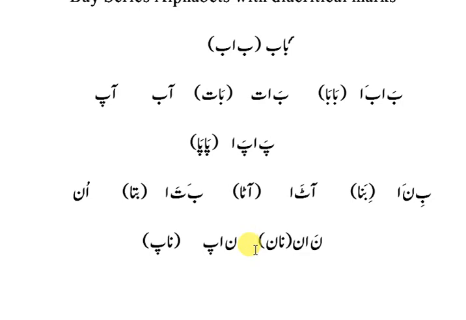When we merge all these, the word becomes nan. Okay, next word, we're going to put a diacritical mark over Noon. So Noon, Alif and Pe are the alphabets in this word, and the word would be nap.